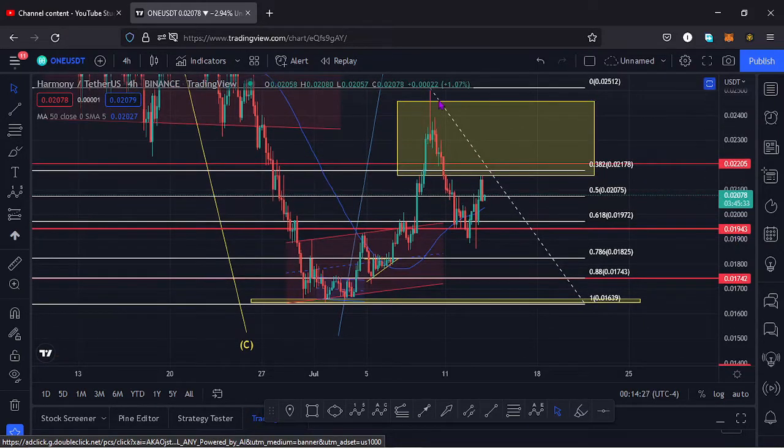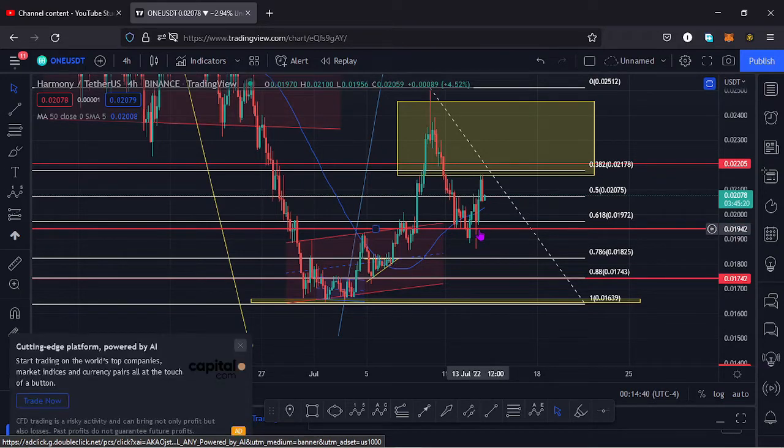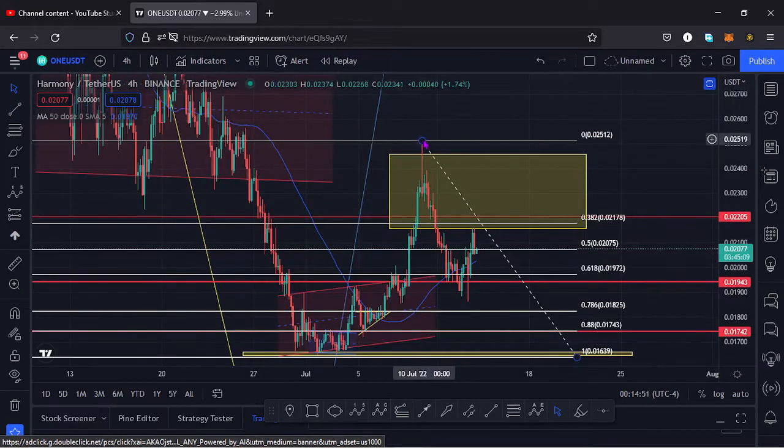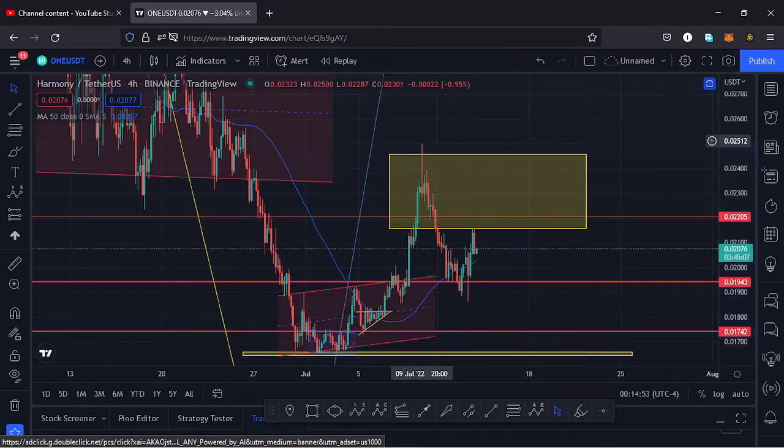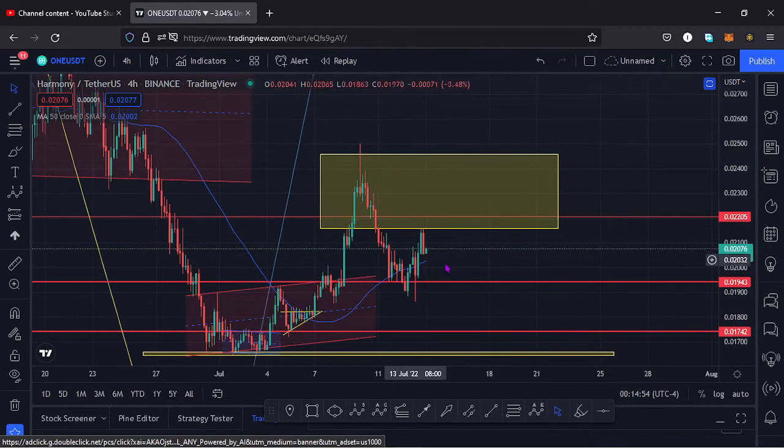So the moment we touched that key area of support at around the $0.019 mark, which also lies on the Fib level 0.618, we started seeing that bounce to the upper side, and that move to the upper side brings me to the first scenario that I expect to play out on this chart.